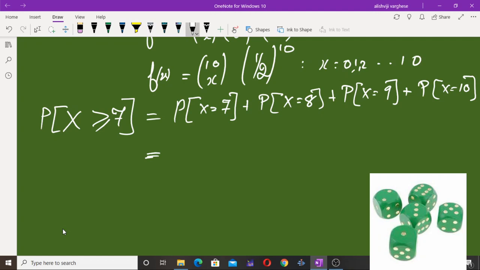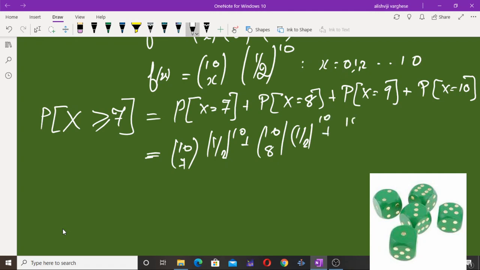And this is equal to, if we substitute the value x is equal to 7 in our probability density function, it is 10C7 1 by 2 raised to 10 plus 10C8 1 by 2 raised to 10 plus 10C9 1 by 2 raised to 10 plus 10C10 1 by 2 raised to 10.